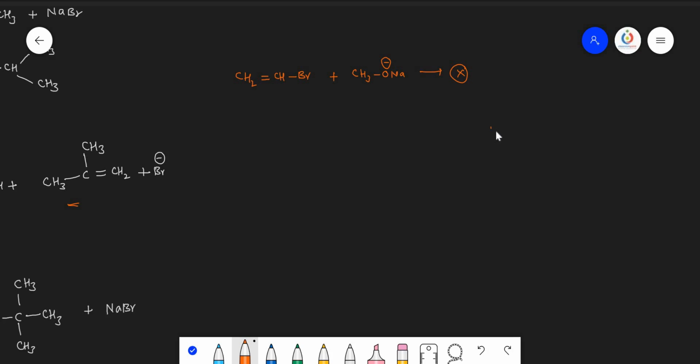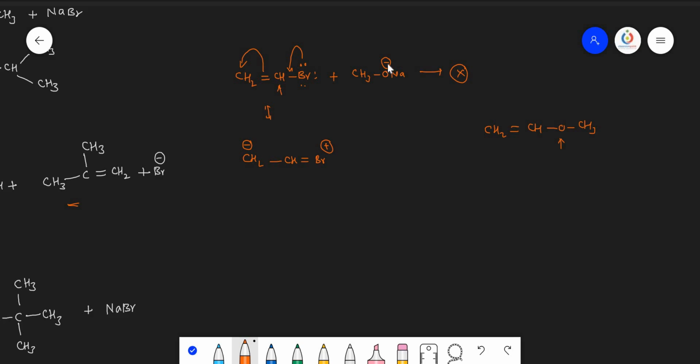If you want to prepare this type of ether, CH2 double bond CHOCH3, this type of ether cannot be prepared if the double bond is directly attached to the oxygen atom. The reason here is, in this particular case, the lone pair of electrons present on the halogen participate in the resonance with the double bond, so that they provide CH2 minus CH double bond Br plus.